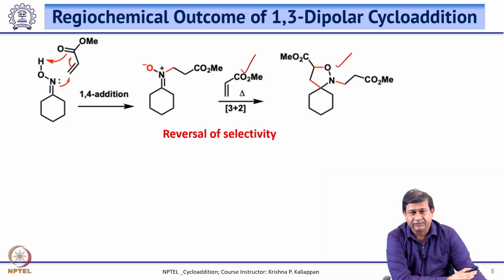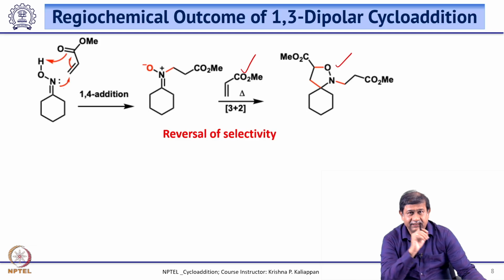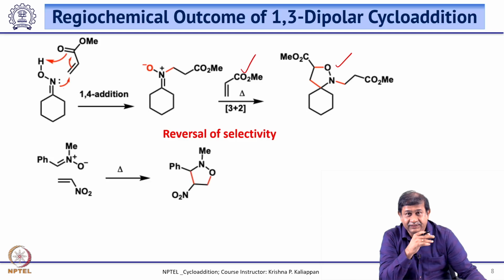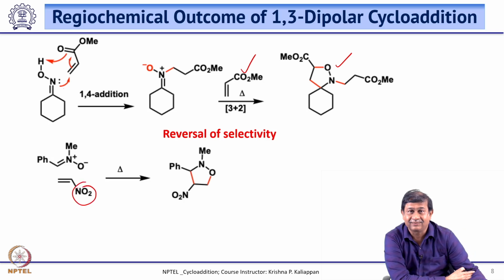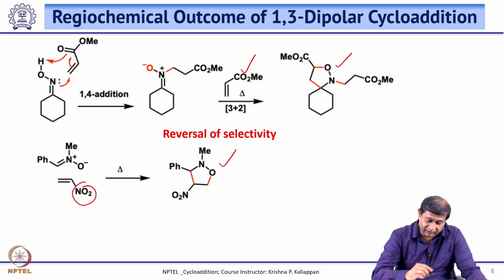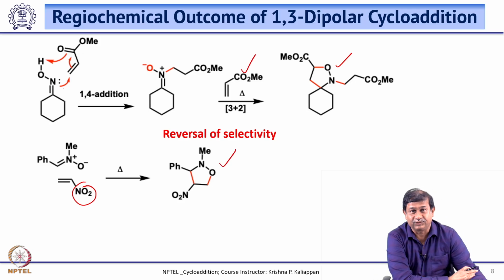Okay. So, now as I said, if the electron withdrawing nature of the group which is attached to the dipolarophile is very high, then you will see reversal in the regioselectivity. So, we saw with sulfone the selectivity moved in favor of the other isomer. Now, if we have a more powerful electron withdrawing group, nitro, then you get exclusively this isomer.